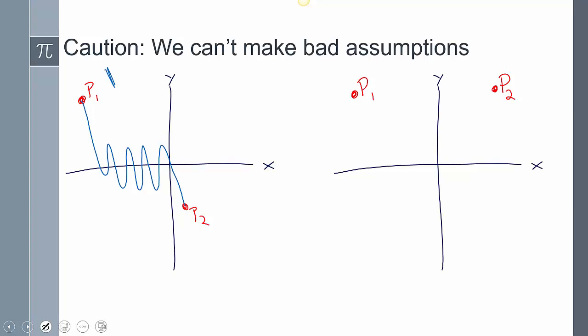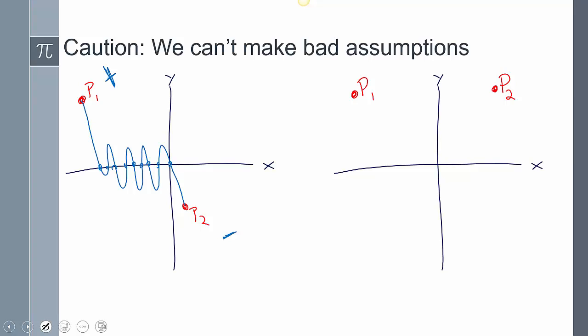Well, this is positive, this is negative, and so if you noticed, it crossed a bunch of times, definitely more than once. So we have to be careful about that. You can't say there is one zero, you just know there's at least one zero.